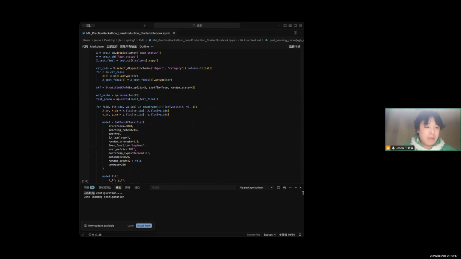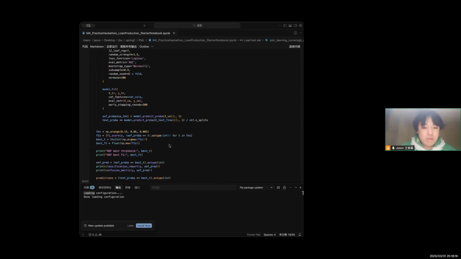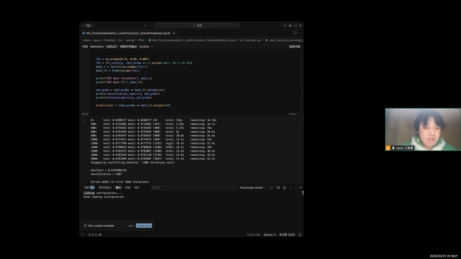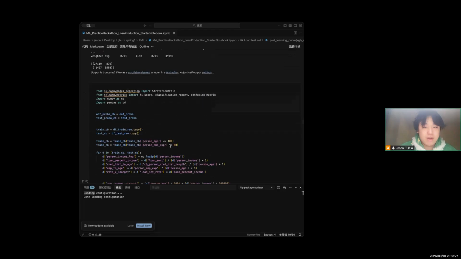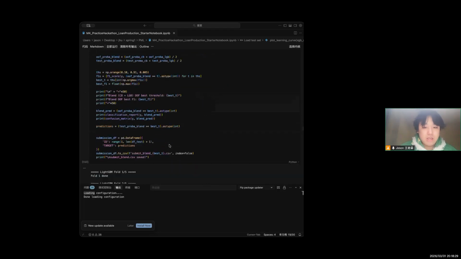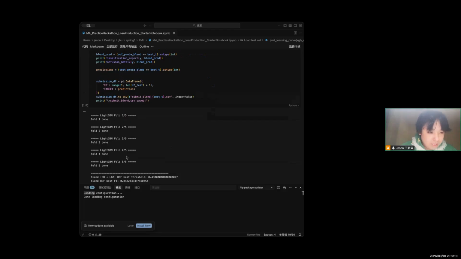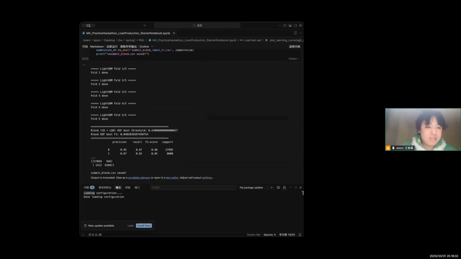For model validation, to evaluate performance reliability, the notebook uses k-fold cross-validation. Instead of a single train-test split, the data is divided into multiple folds and the model is trained repeatedly on different subsets.